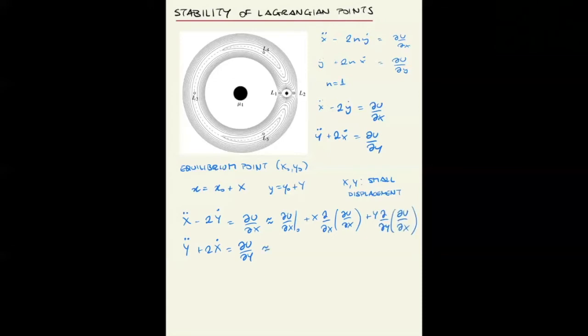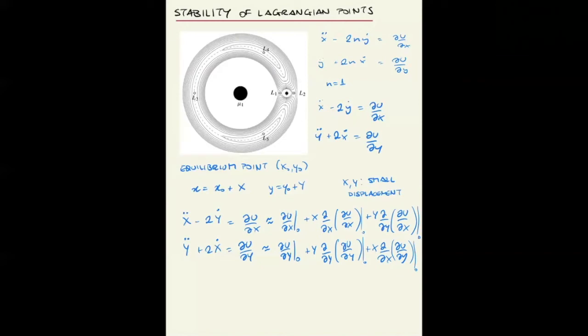And same thing for the Taylor expansion in y: du/dy at the point 0, plus y times the derivative in y of du/dy, plus x times the derivative in x. All of these at the equilibrium point 0.